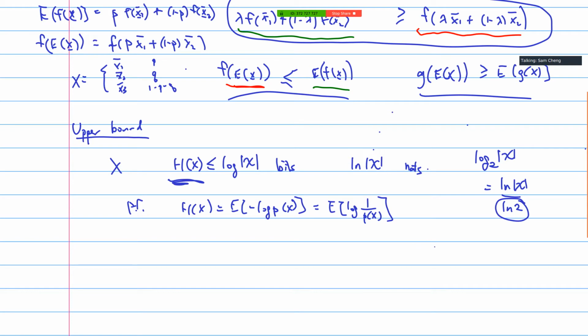The log function is concave, like this shape, right? So the expectation of log of this guy should be less than or equal to log of the expectation of 1 over p(X).